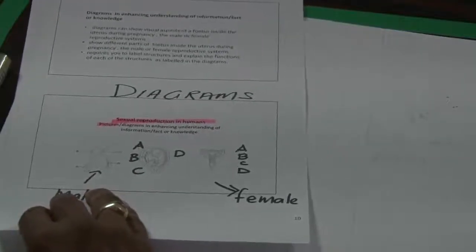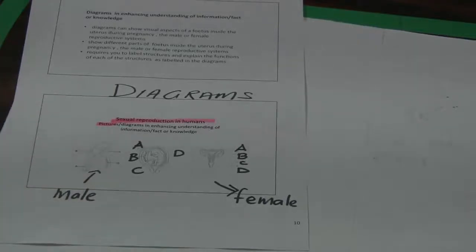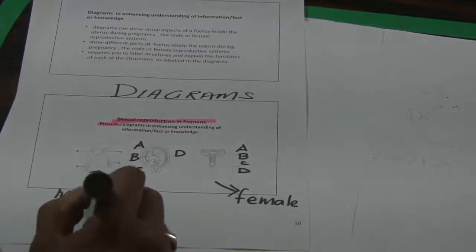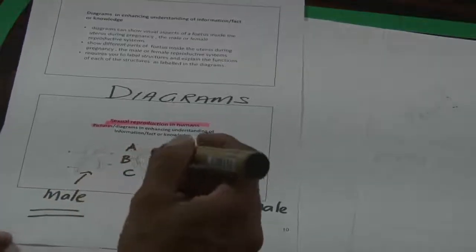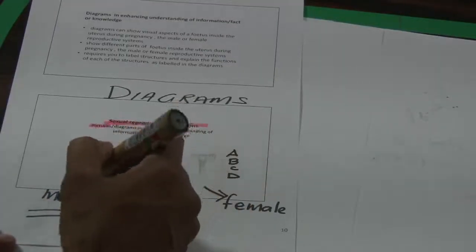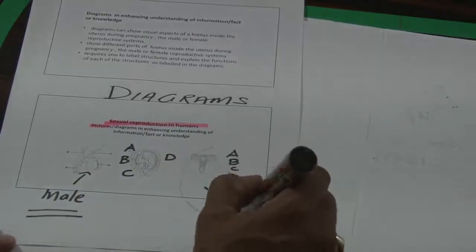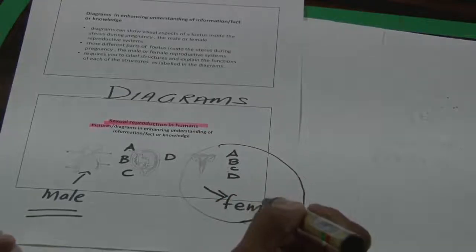Let me show you an example again of a diagram that can be used in this case. For example, on this side you have the female reproductive diagram, the male reproductive diagram, and there you have the female reproductive diagram.